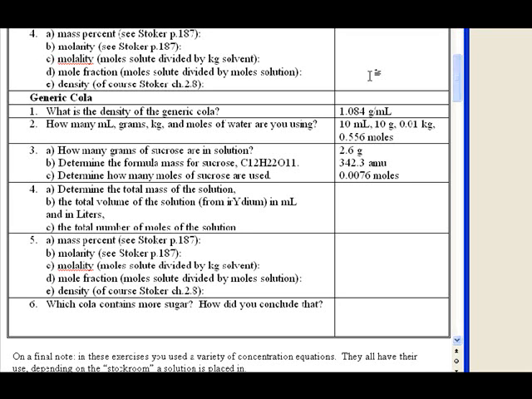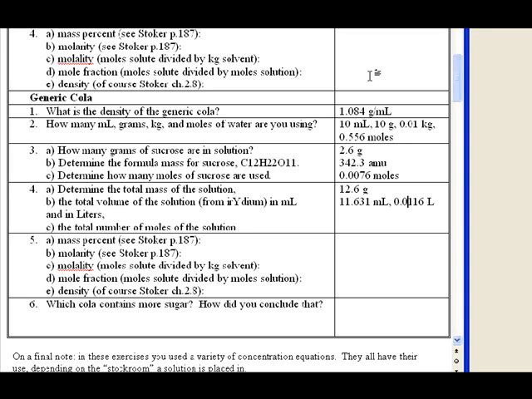Determine the total mass of the solution. Well, that's 12.6 grams. The total volume of the solution, well, that's 11.631 milliliters. Both of these numbers were read off in milliliters, and I'm going to write liters, 0.116 liters. I probably don't need that many significant figures.